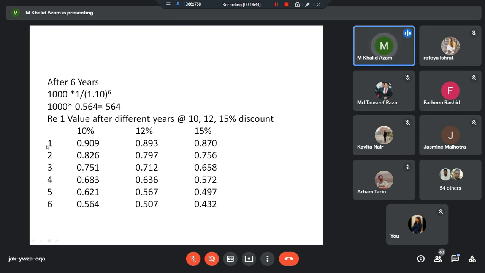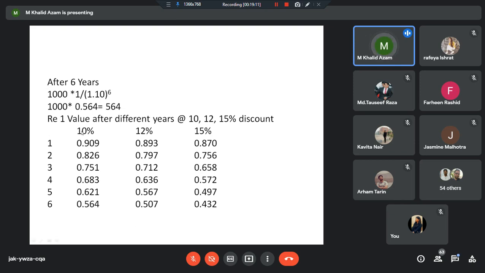Now see the other thing which this table is showing. At 10%, year 1, it is 0.909. But if I am going to increase the rate of discount, from 10 to 12%, what will happen?